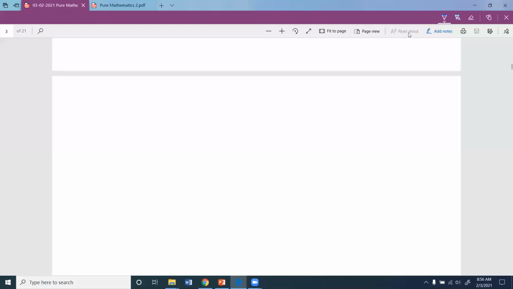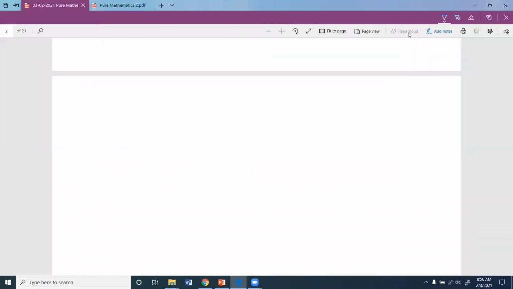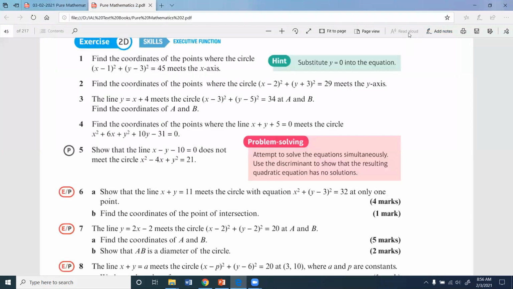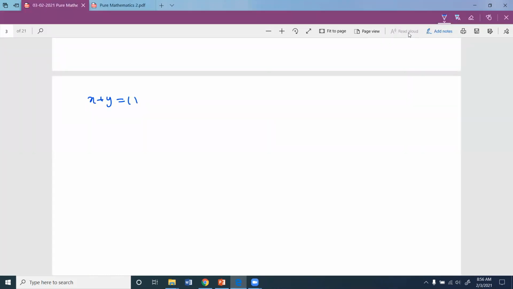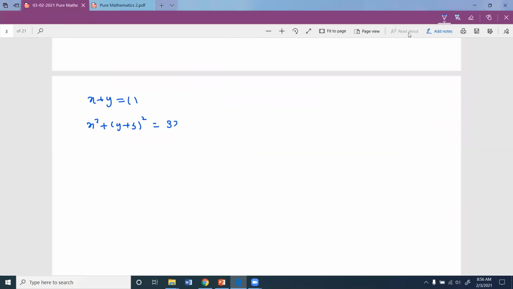Okay, but the next extension type of question they ask is this kind of thing. Show that the line x plus y equals 11 meets a circle with equation x squared plus (y minus 3) squared equals 32 at only one point.